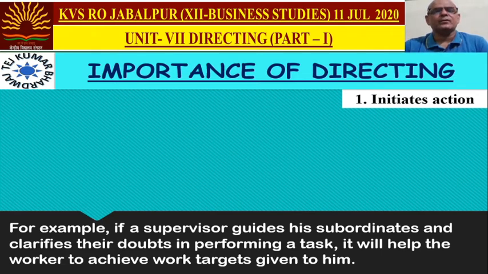And then the role of the manager appears. He comes, he leads, he motivates, he communicates with the worker. We have already studied that there are 3 elements of directing: motivation, communication and leadership. So with the help of these 3 elements, a senior directs the worker and the action is started.